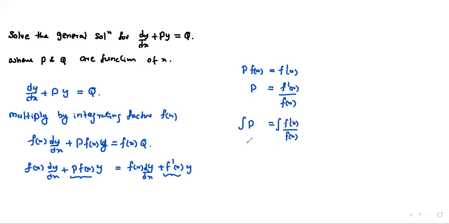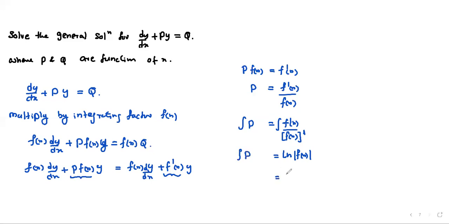We know that if there's a fraction where the power of the denominator is 1 and its differentiation is at the top, we can straightforwardly write the integration as ln |f(x)|. We put a modulus because f(x) may not exist for negative values. That is the integration of p.